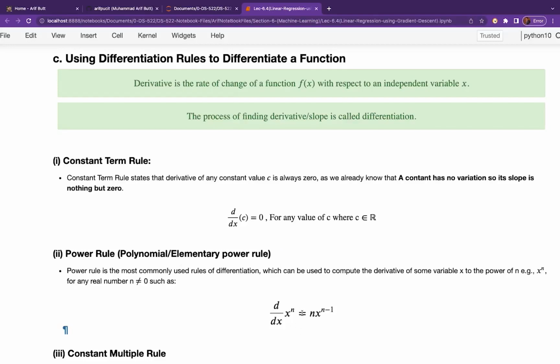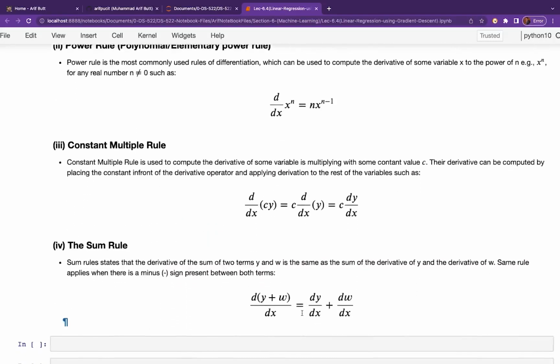This is shown in the formula over here. This constant multiples rule says that you bring the constant out and then take the derivative of the remaining part of the function. And finally, this sum rule states that you take the derivatives separately and then sum them up.